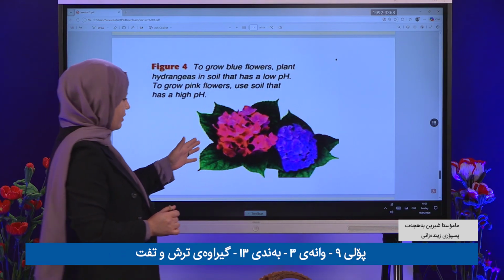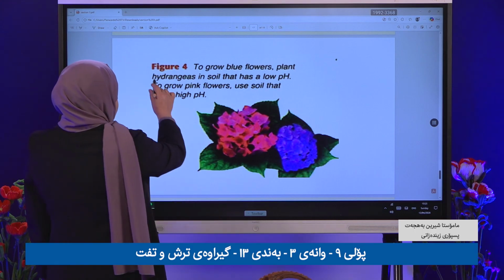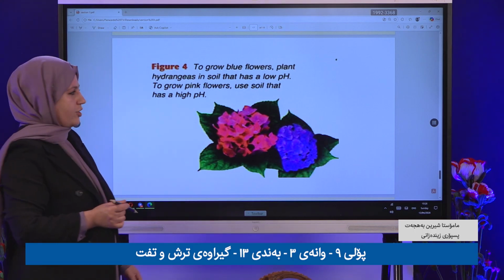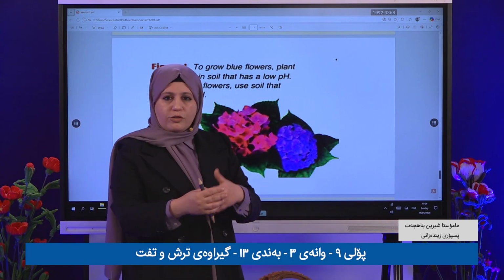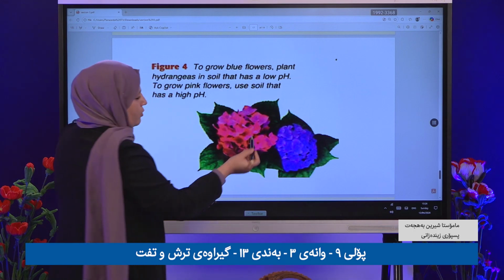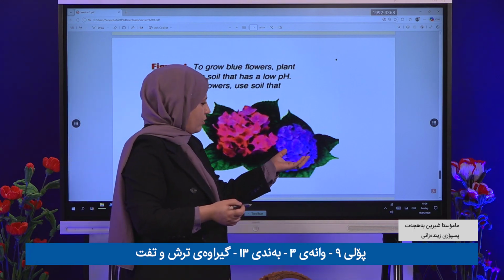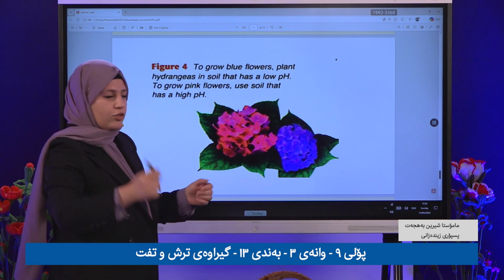Have you been in a garden? It's called hydrangea. When you change the soil, the color of flowers starts to change. How? If you want to grow blue flowers, change the pH of the soil.